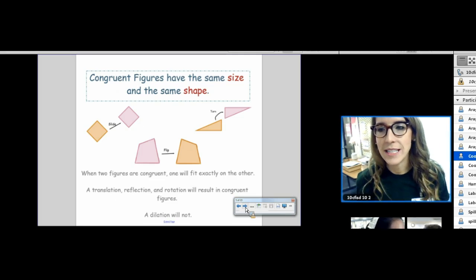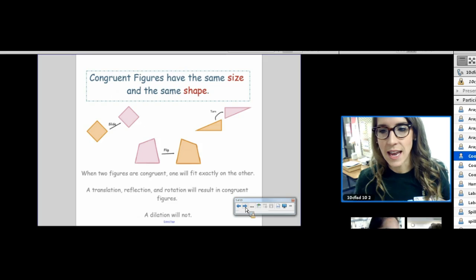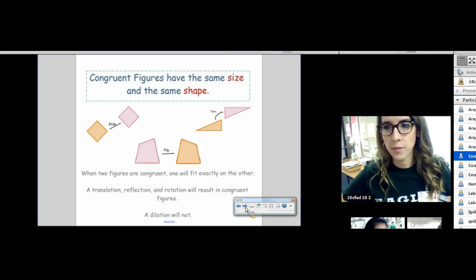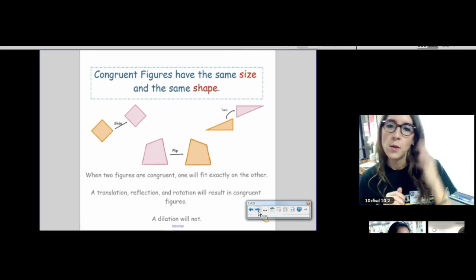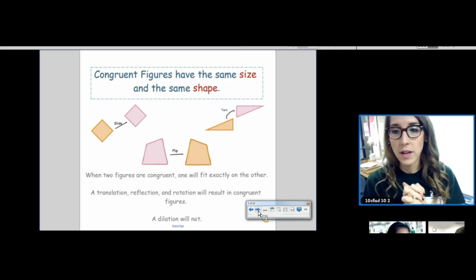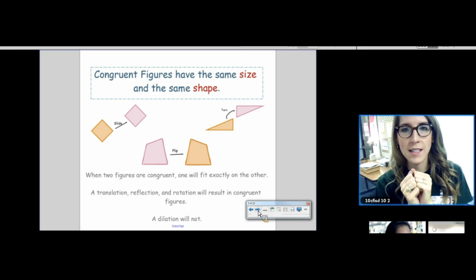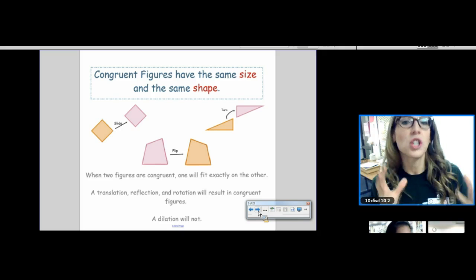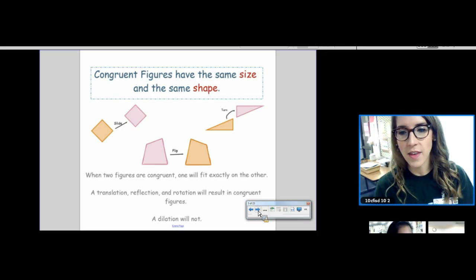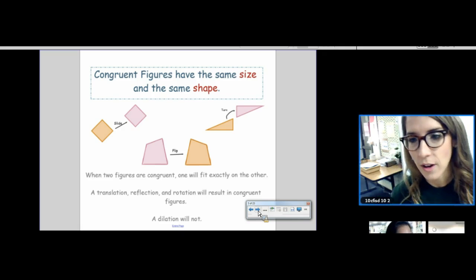Congruent figures will have the same size and the same shape. So when two figures are congruent, one will fit exactly on the other. You can slide it, flip it, or turn it, and it should completely overlap the other. There should be nothing sticking out in the background.